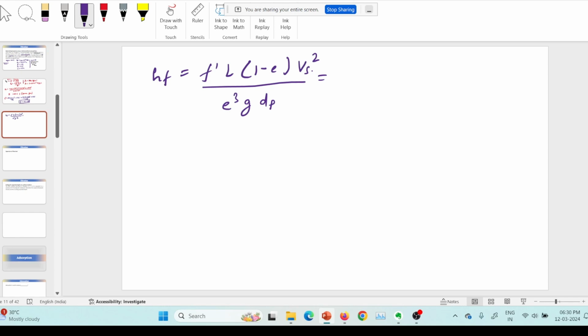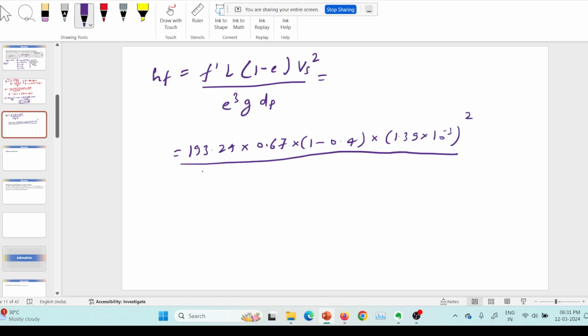F dash was 193.24, into length or depth of bed 0.67, E was 0.4, and filtering velocity was 1.39 into 10 to the power minus 3, whole square, divided by E cube, g is 9.81, d is 0.4 into 10 to the power minus 3 meter.